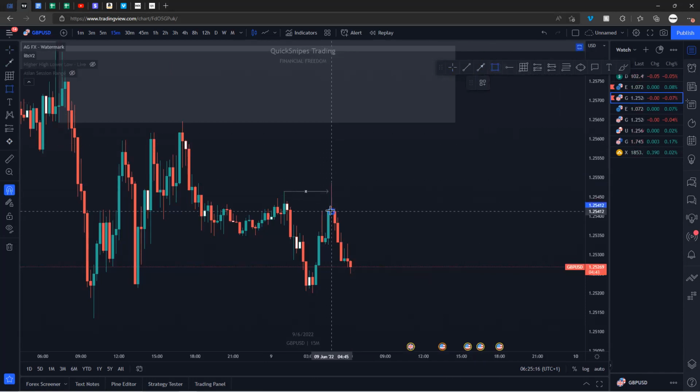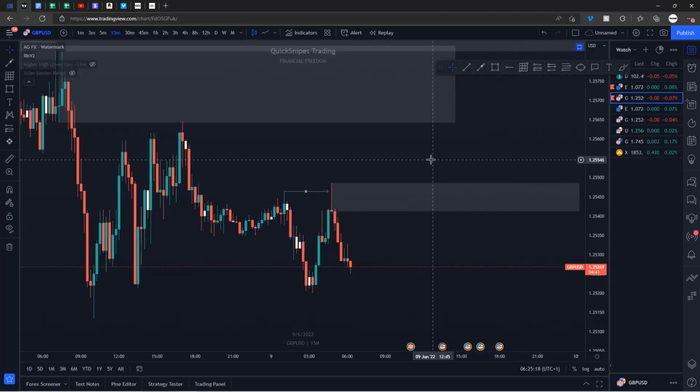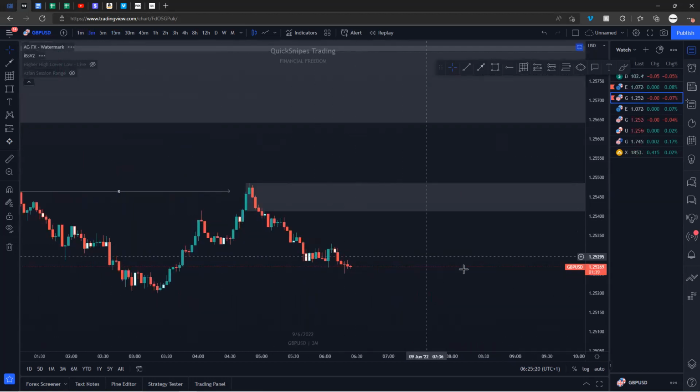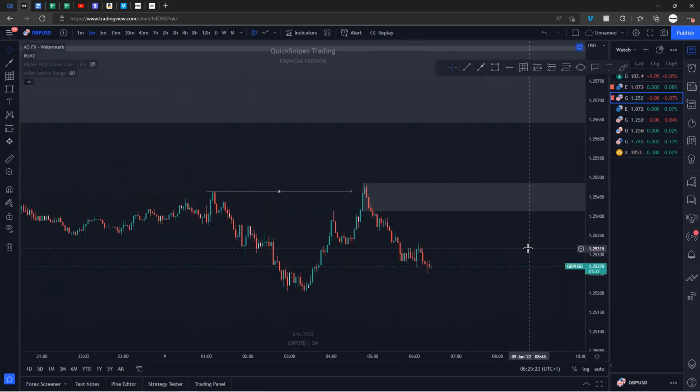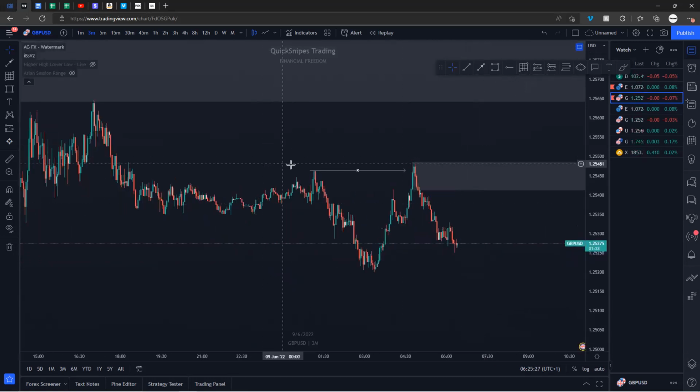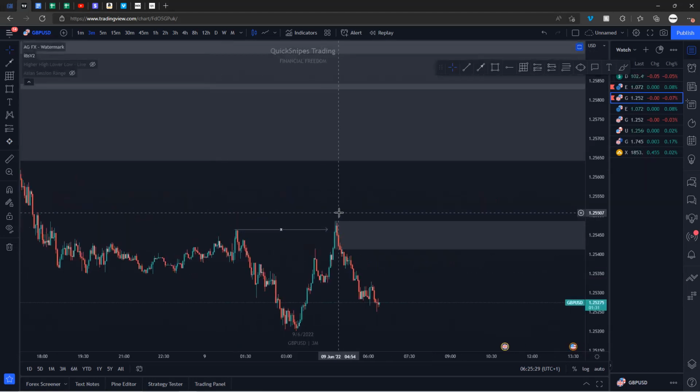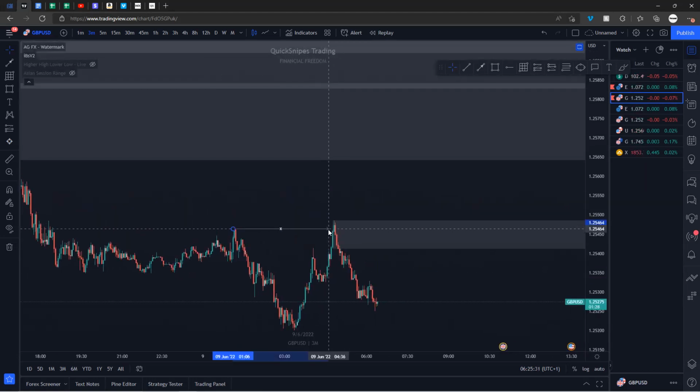Now we're going to tap into this order block and then move. So again, it's all about seeing what confirmations appear in the chart at different zones and finding out which zone is the right one to trade from.